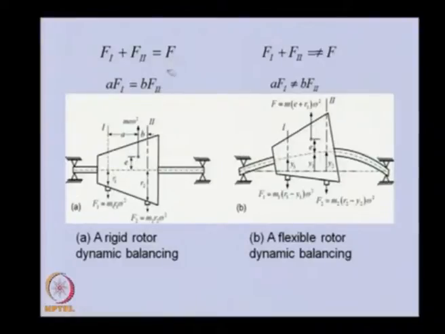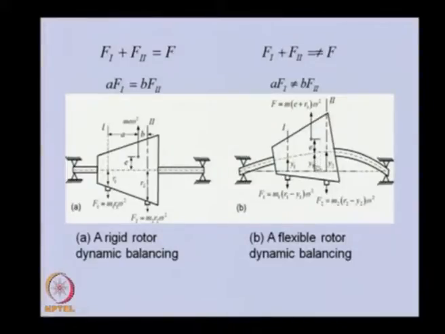This we discussed in the previous cases. But when the shaft is flexible, or when the same rotor is near the critical speed, it will bend like this, and because of this the effective eccentricity, which was earlier E, will increase due to the deformation.